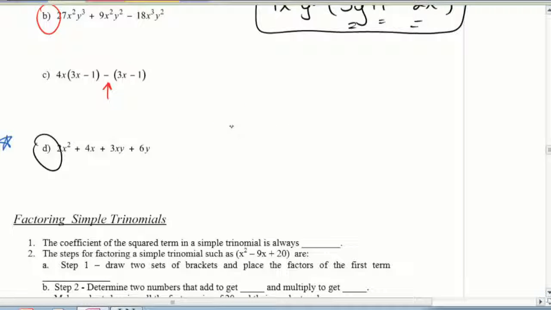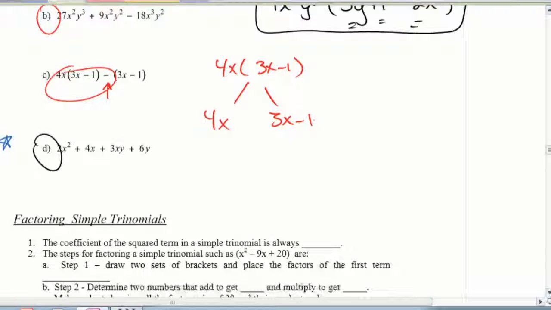Well, same deal here with this 4x times 3x minus 1. If I said factor that, what things did you multiply to end up there? Well, if I do a factor tree, I have 4x and 3x minus 1. Those are the two things I've multiplied to end up with 4x times 3x minus 1.